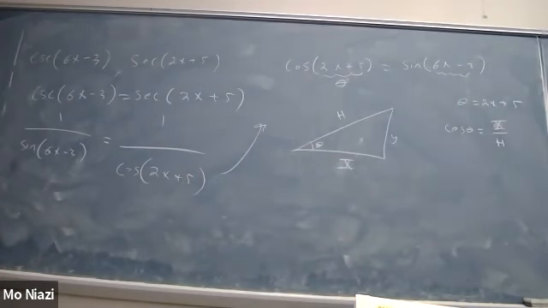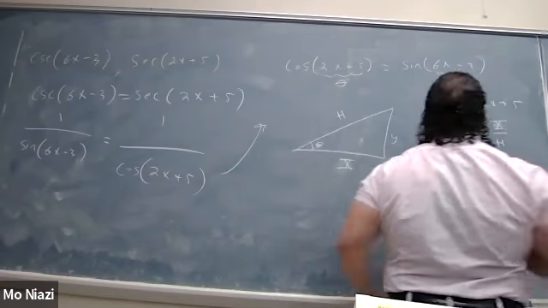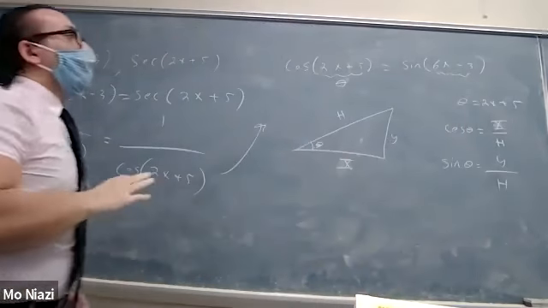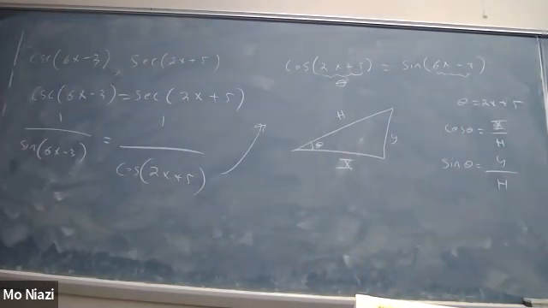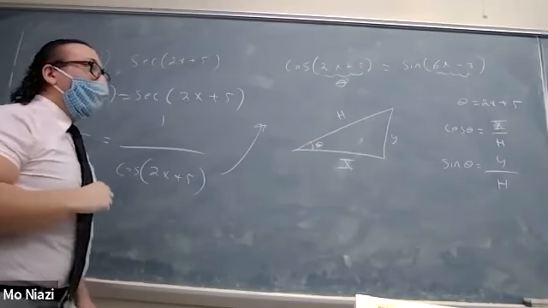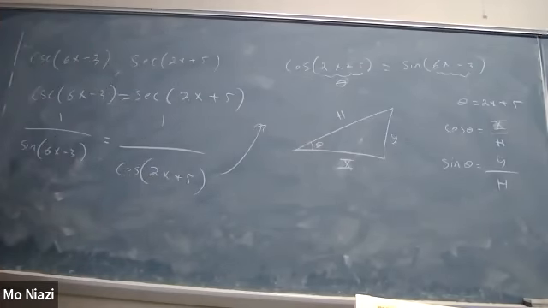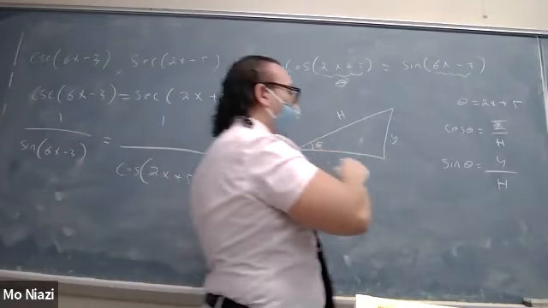So that means sine of theta is y over h. But 6x minus 3 and 2x plus 5 are not the same. It's just that cosine of 2x plus 5 and sine of 6x minus 3 evaluate out to be the same value. Right?